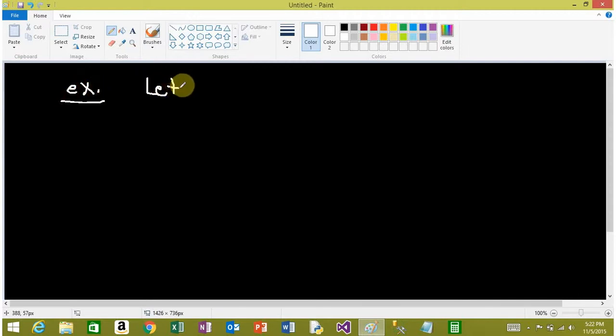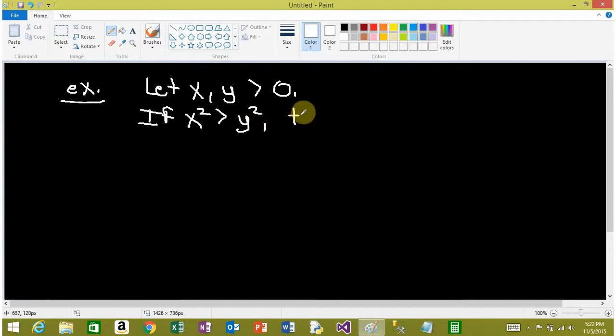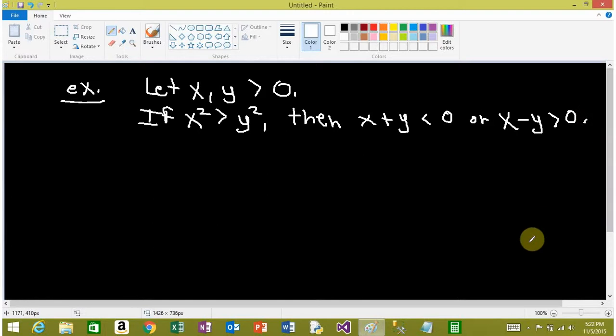Let x and y be positive real numbers, and then we'll say if x squared is greater than y squared, then x plus y is less than 0, or x minus y is greater than 0. And we'll prove it.